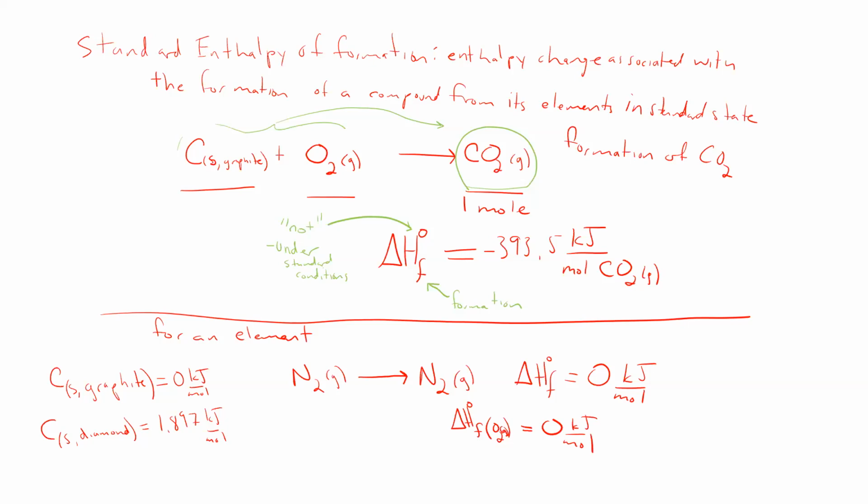Now the getting there is a different story, governed more by the rates of the reactions and what's called an activation energy, which is a very different thing. So just looking at where it's at, graphite is more stable than diamond. Getting graphite to diamond is not an easy thing to do. Getting diamond to graphite is also not easy. So there's a difference in how to get from one to the other directly.